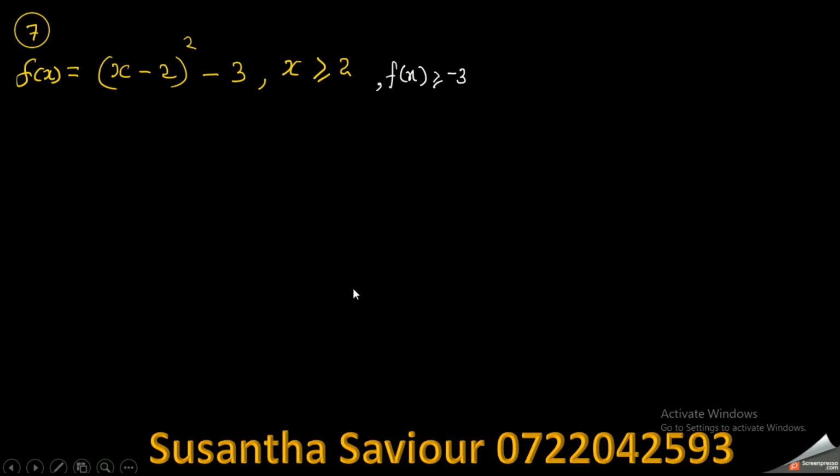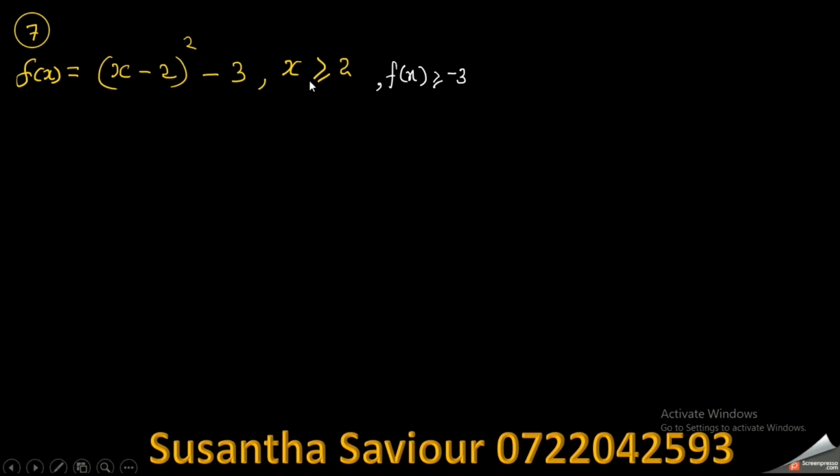Seventh one, look at this. f(x) equals (x minus 2) whole squared minus 3, x is greater than or equal to 2, because this is a function like this, right? x equals 2 is a symmetric line. If you take one side of that only, it will become 1 to 1.